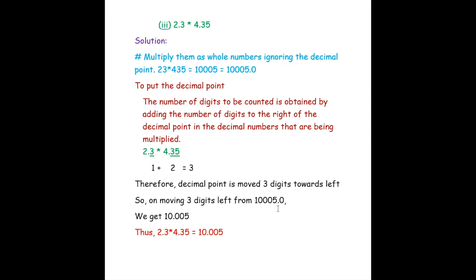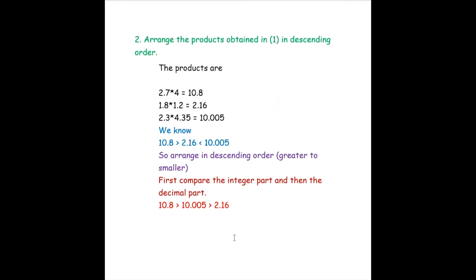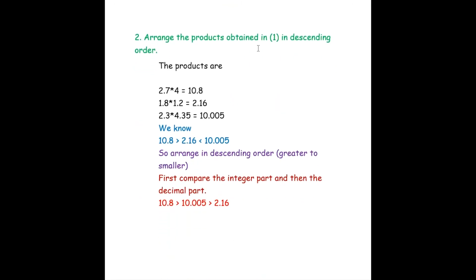On moving 3 digits from 10,005.0, we will get 10.005. Thus 2.3 into 4.35 is 10.005.